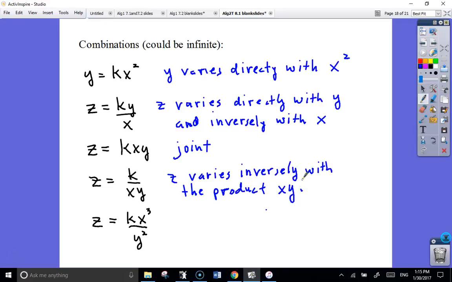And the last one, how do you think we would say that one? Directly with x cubed and inversely with y squared. So you could see you could make up any number of combinations of these things. You could say z varies jointly with x, y, and inversely with w. Right? There you go. There's another.